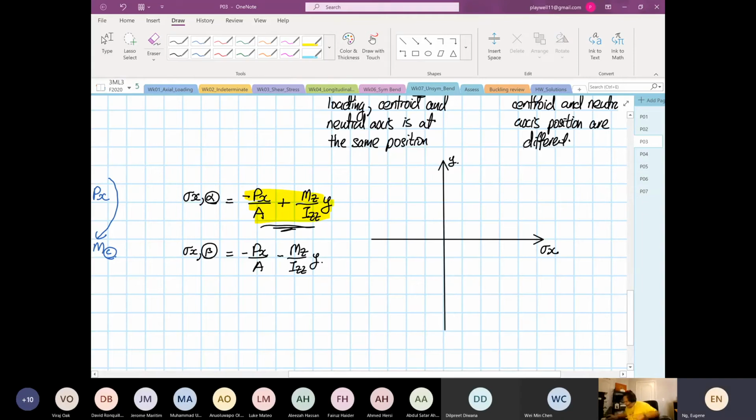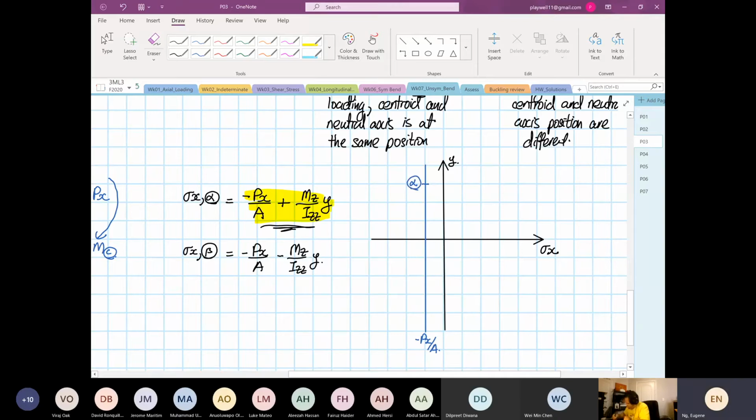I'm going to use a different color. I'm colorblind. So we know the first line over here, this is your minus Px over A line. Okay, right? This is your minus.